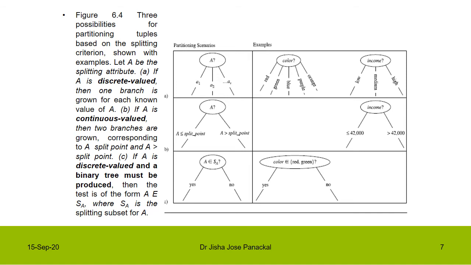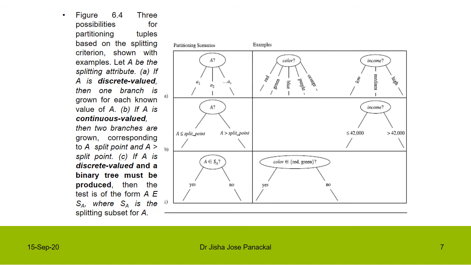The less than symbol is missing in this particular material, so you just add a less than split point and a greater than split point. For example, we can say income that can be less than or equal to 42,000, and the right hand side will be greater than 42,000. So this is an example of continuous valued attribute type.